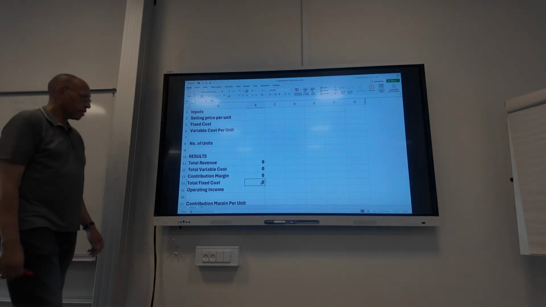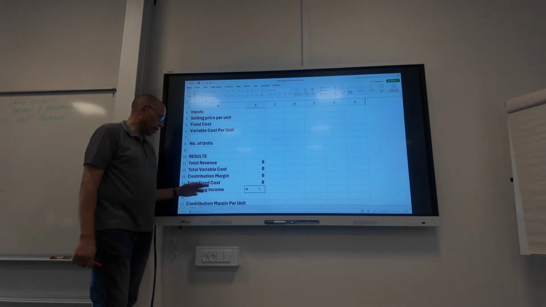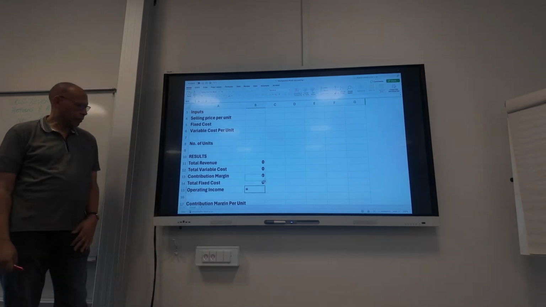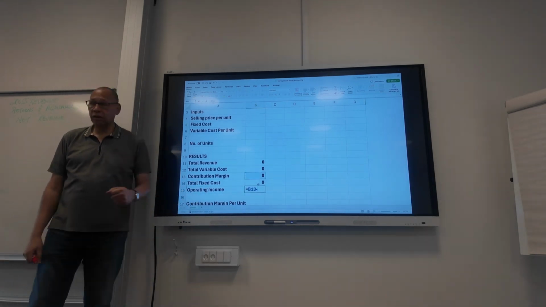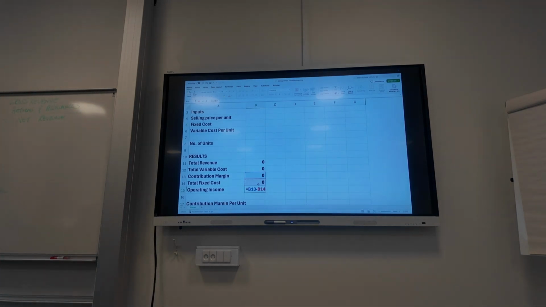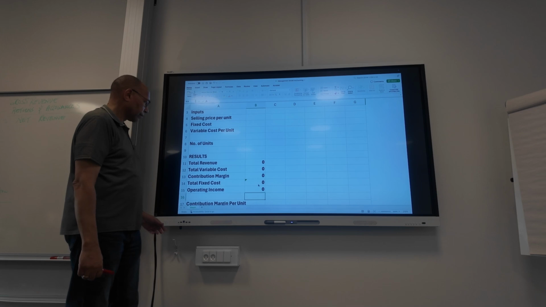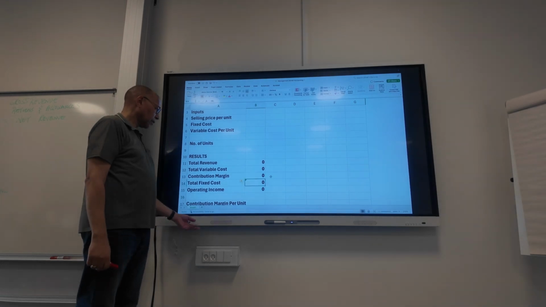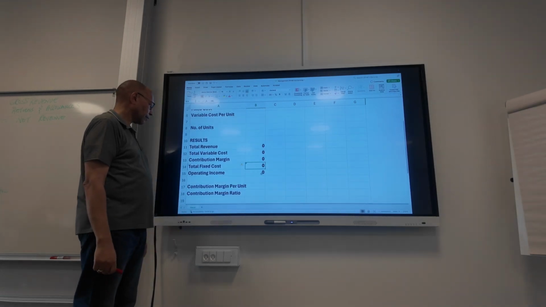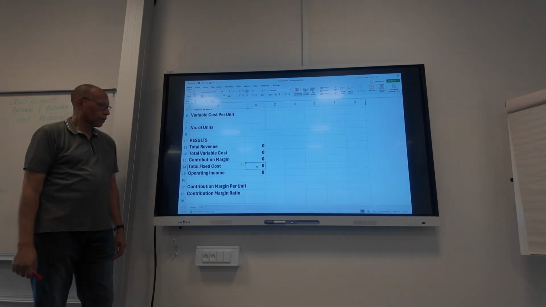And then operating income equals contribution margin minus fixed costs. Or you can do revenue minus total costs, but we don't have a total cost line, right? Yes? Good.